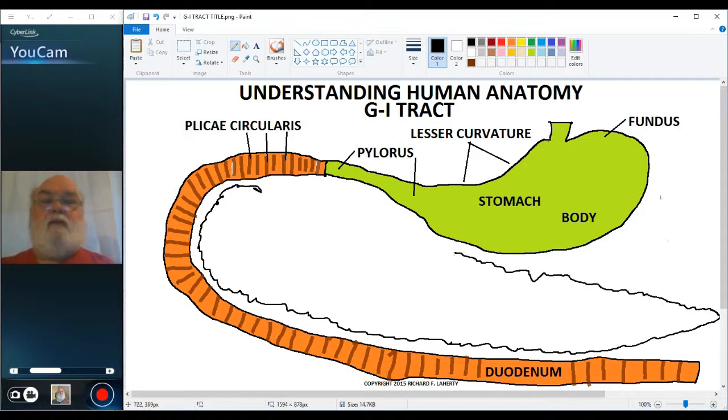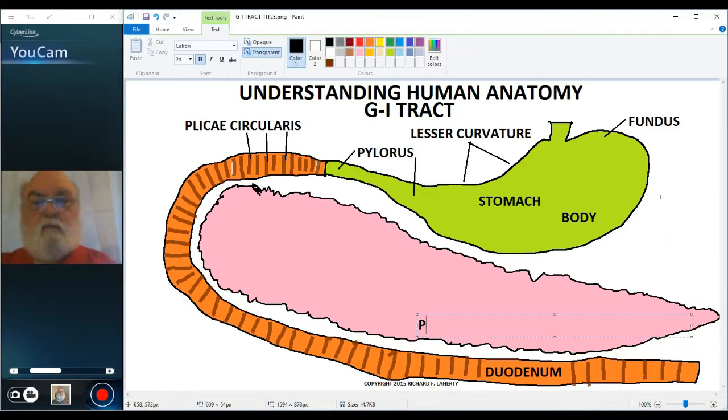It'll be bumpy because of all the little lobules in it. There's the pancreas, and let's color that another color here so that it stands out. And we'll add a label to it here. So this is the pancreas.